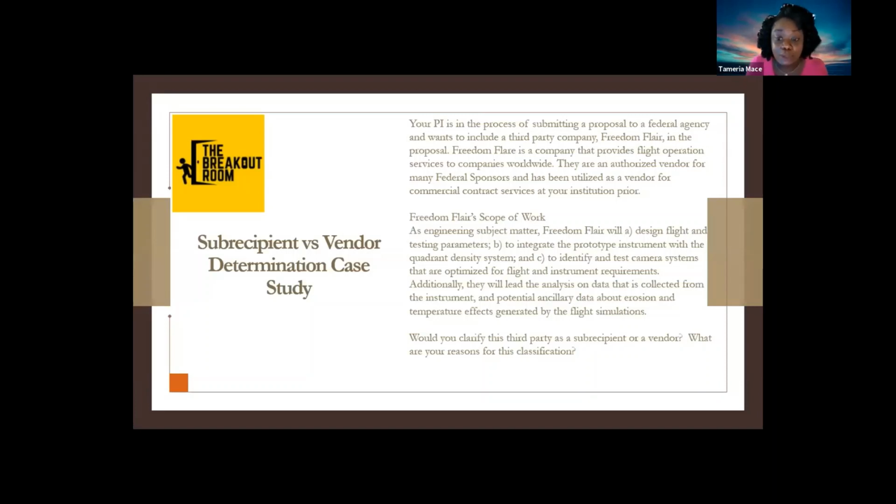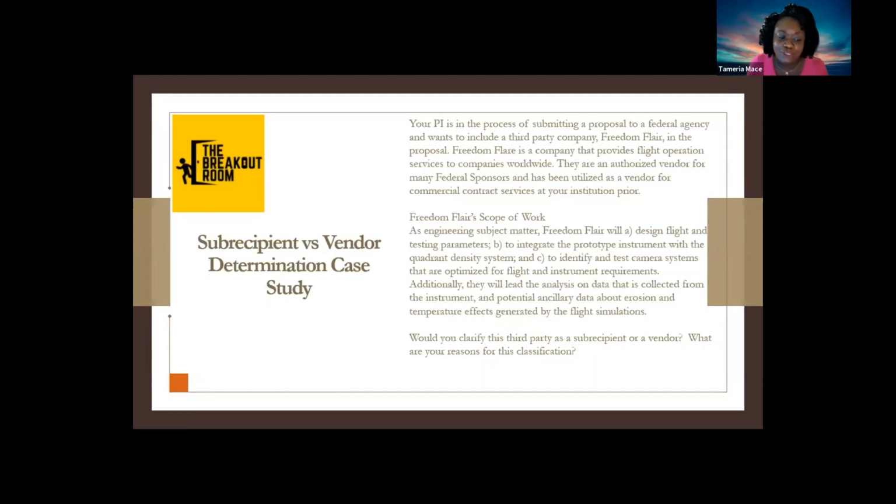They are actually doing programmatic work. So that's why I use this one as a good case study to see it is not always easy to make that determination, but for this particular one, even though this entity had been used as a vendor prior, because of what they were doing on this particular project and the substantive work that they were doing, they were actually a subrecipient.